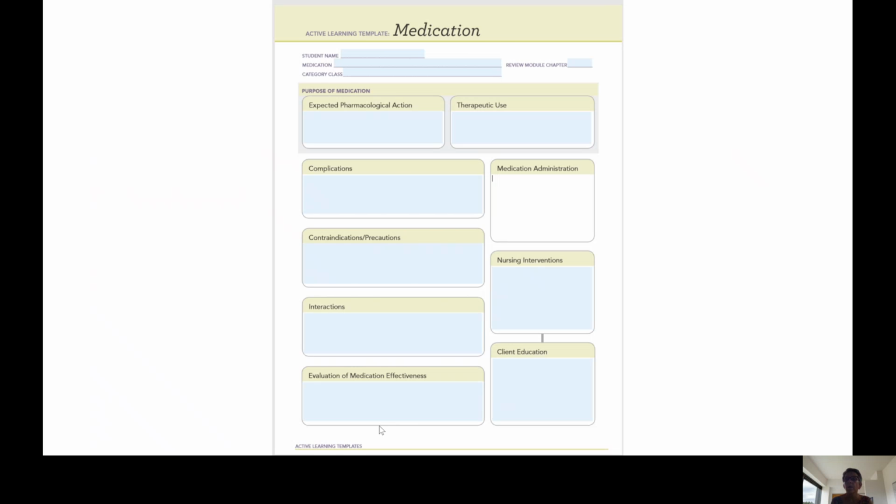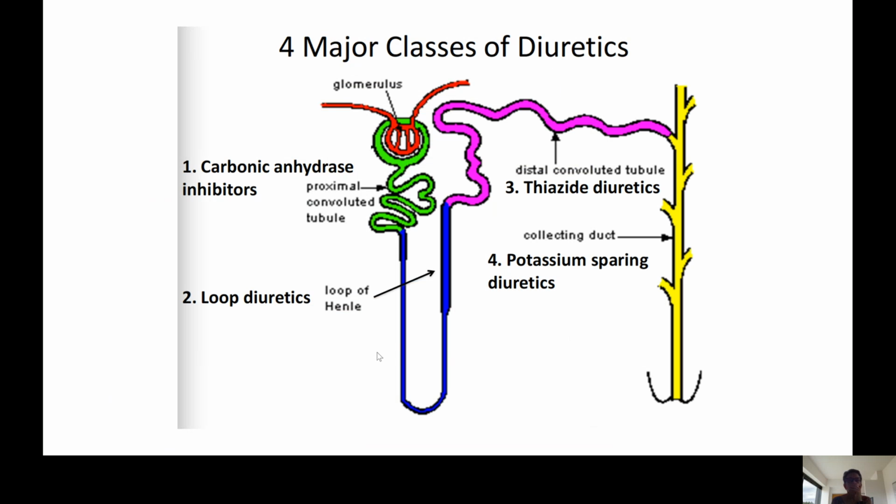And as I promised, there is a summary of the 4 major classes of diuretics. And on here, I don't see the osmotic diuretics, but they were listed previously as well.